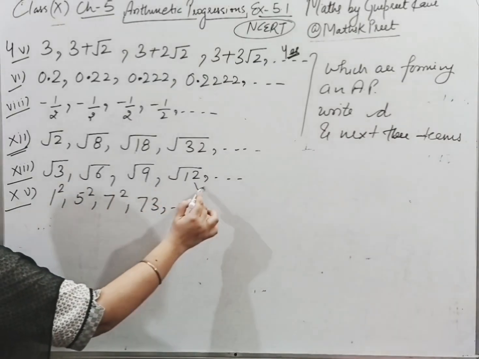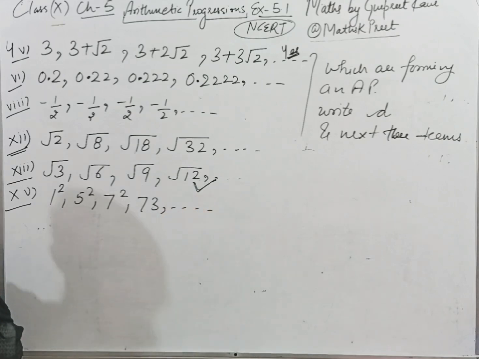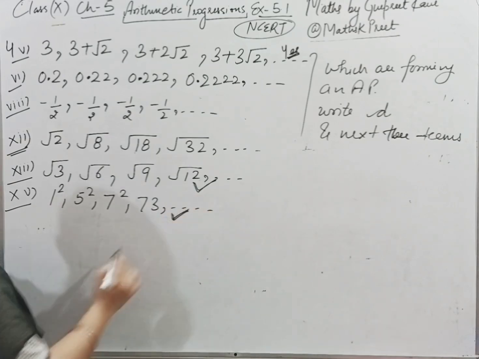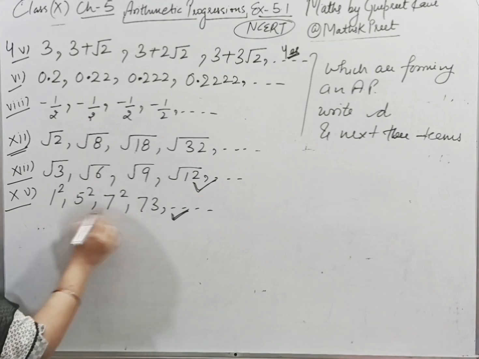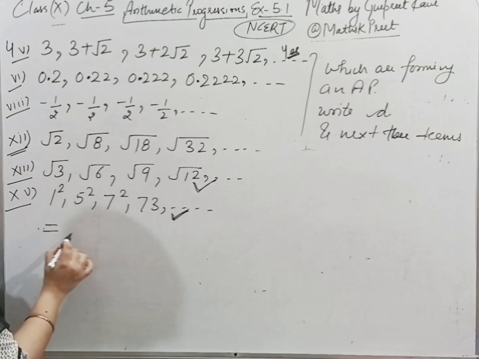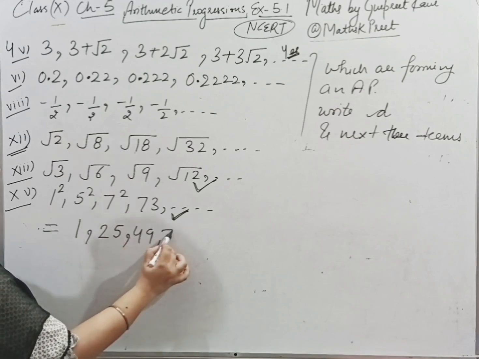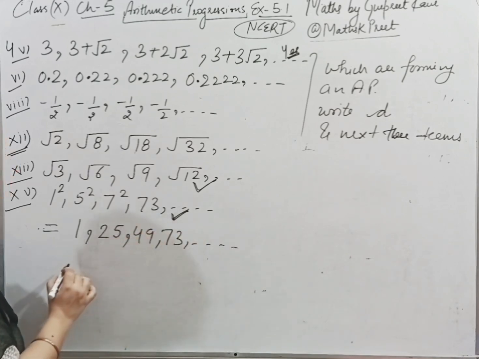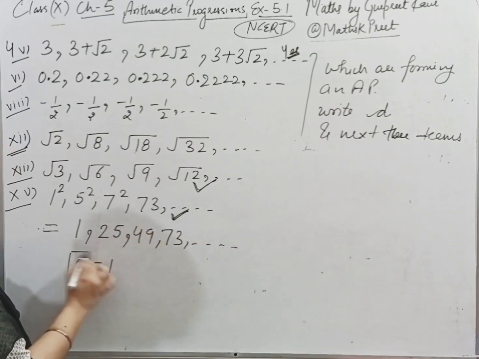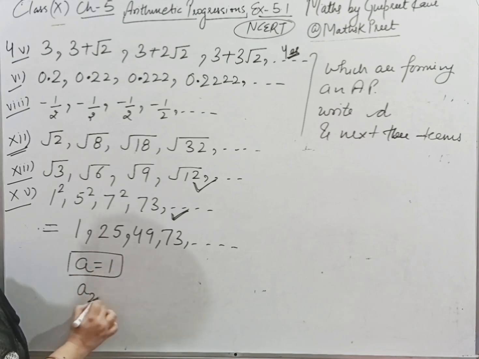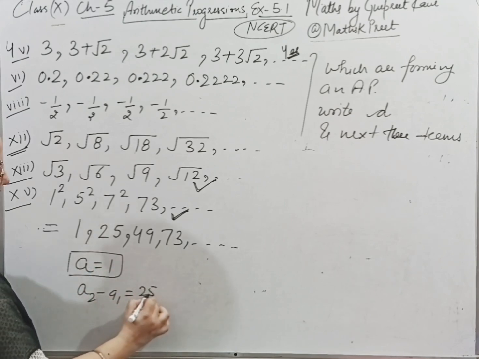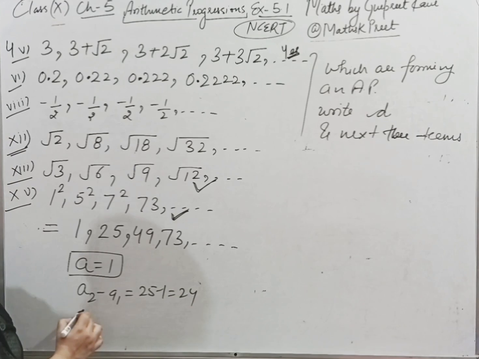So in a similar way you will do this part for question number 4. Let's see the last part of this question. This is the given sequence. I can write this as 1, 25, 49, 73, and so on. Now this is A here, and to check the difference, A2 minus A1 is 25 minus 1, which is 24.